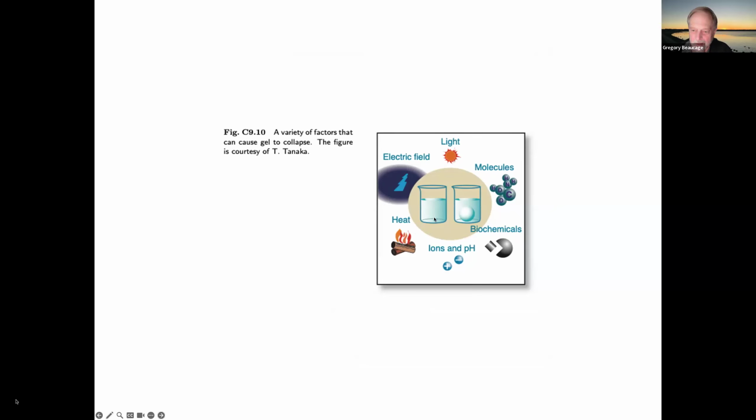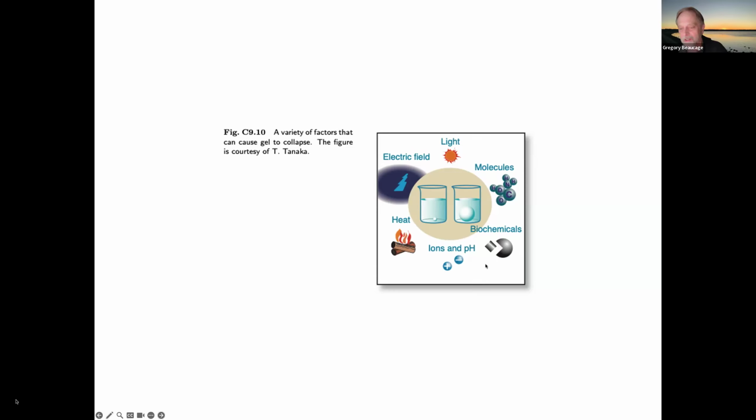You can also have a chemically driven collapse like that. We'll see in the homework, it's driven by just the presence of other molecules near it. Putting in ions or proteins or some other molecule next to DNA or RNA, you can force this transition to happen.